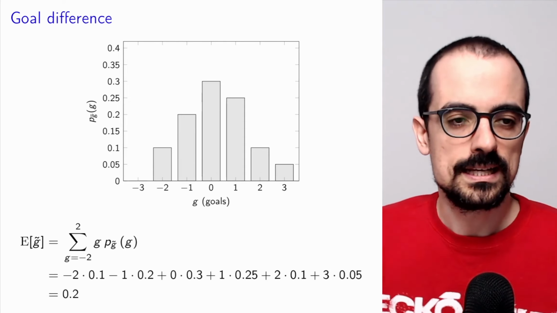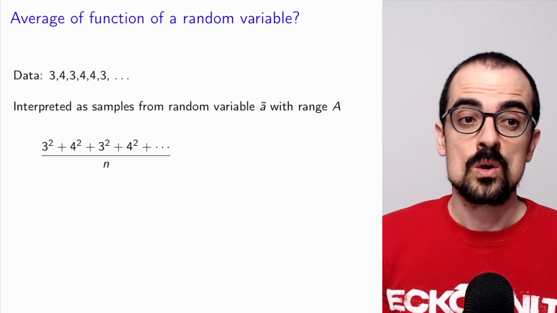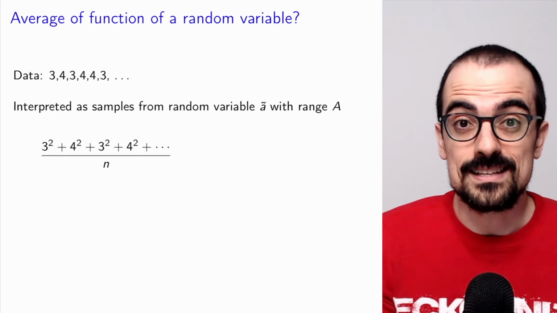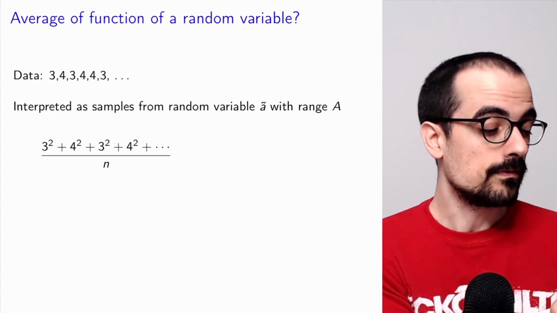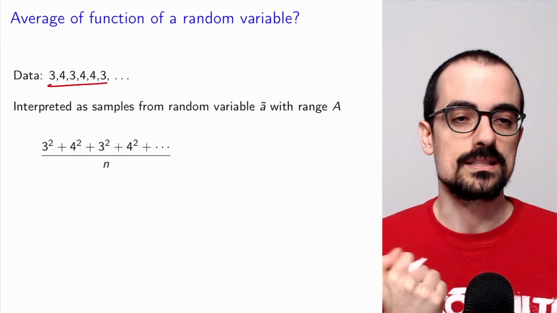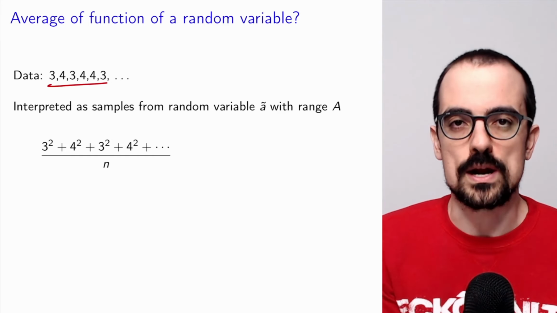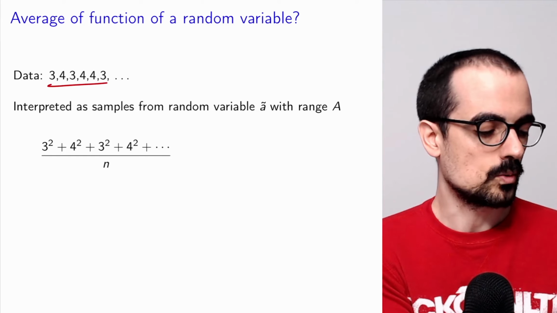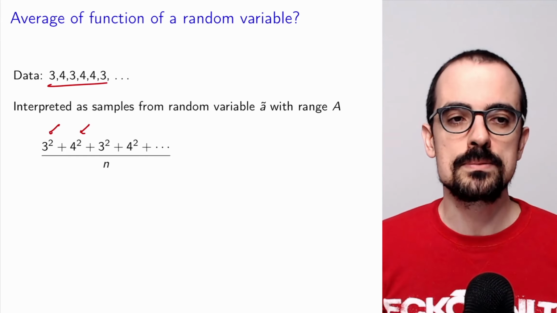What if we're interested in averaging a function of a random variable, where we can repeat exactly the same argument as before? Now we have this data, and maybe we're interested in averaging the square of this data. So basically, we apply the square to each data point, we sum them all up.